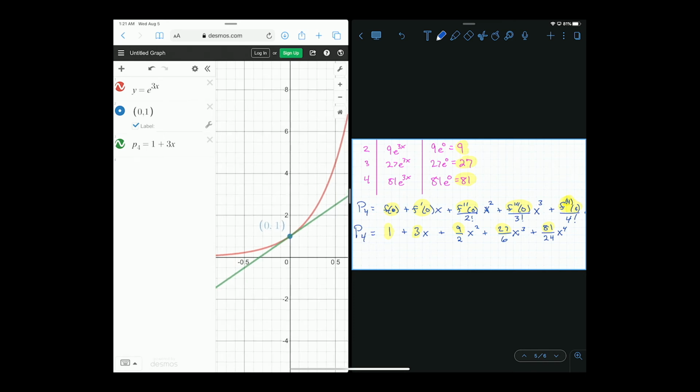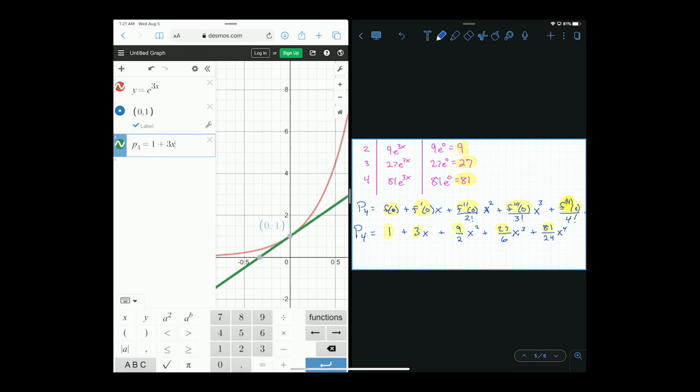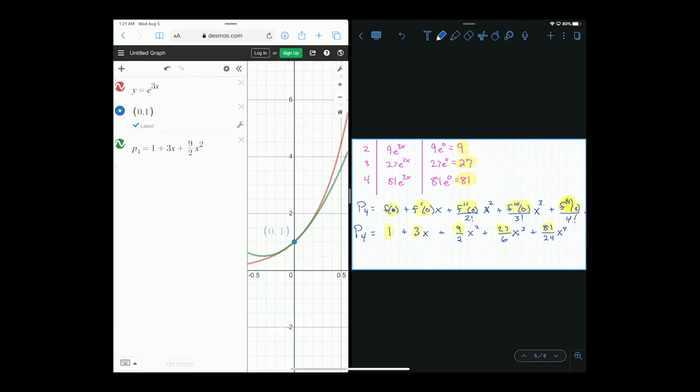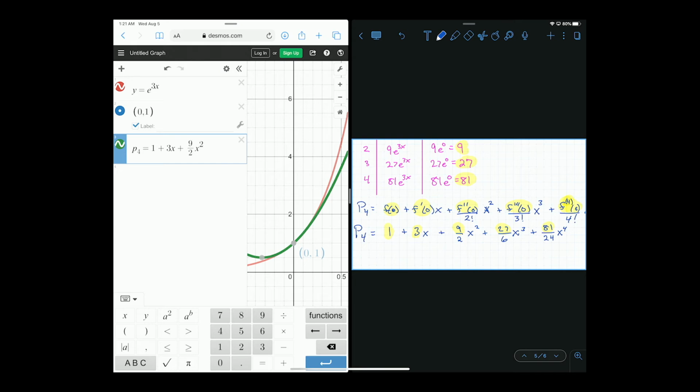That's actually the first degree Taylor polynomial there. Then we got plus 9 over 2 x squared. Again, notice that it got better, right? Every time I add a term, the curve is going to do a better job of following the other curve.